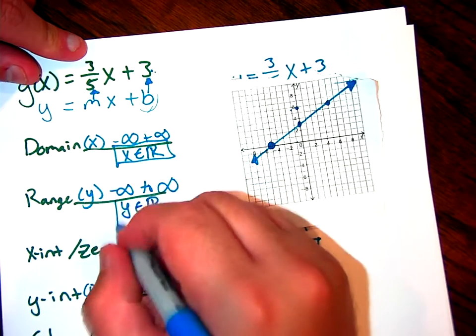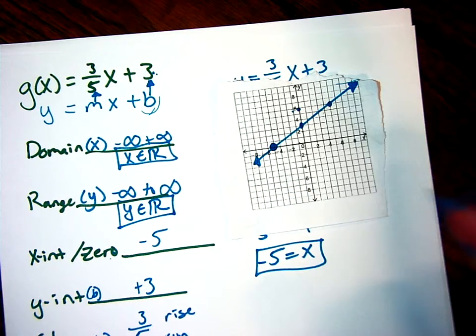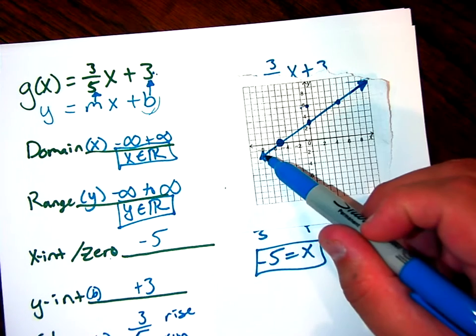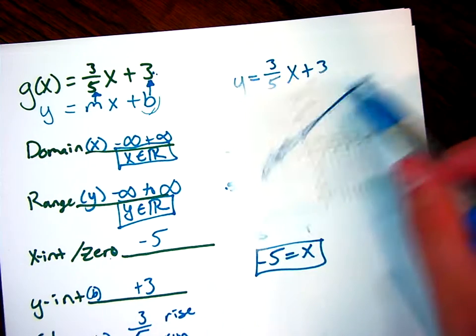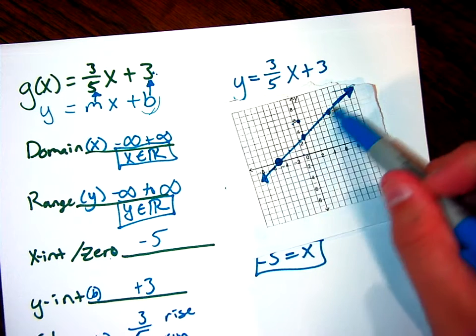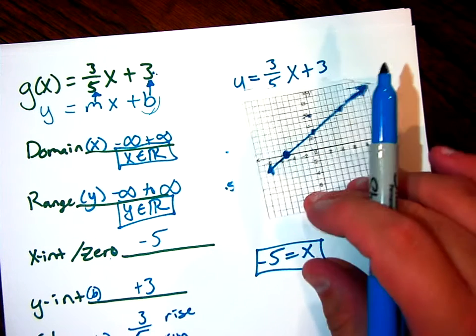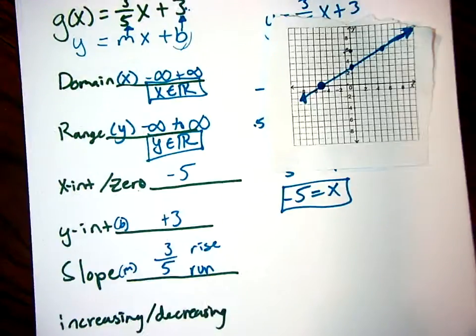This is continuous domain and range, because this is a continuous function. It's a line, not a set of dots. Because each piece is connected by this line, every value on there is part of this function, which means it's continuous.